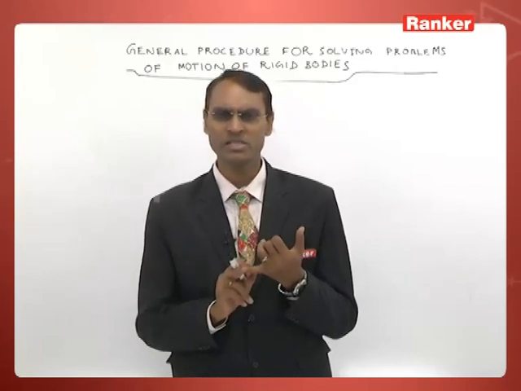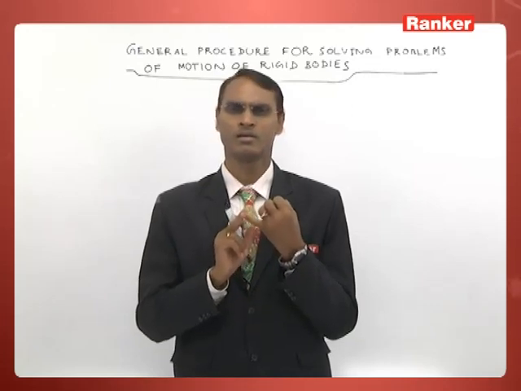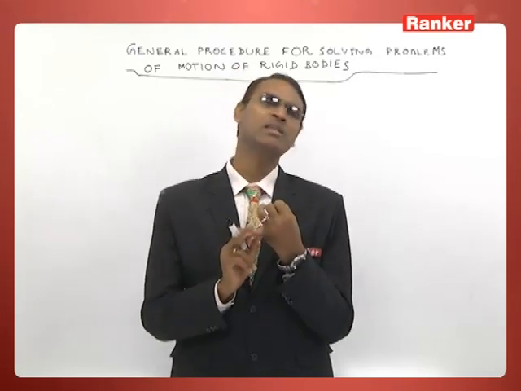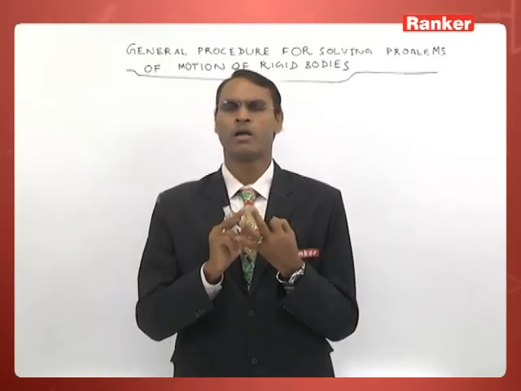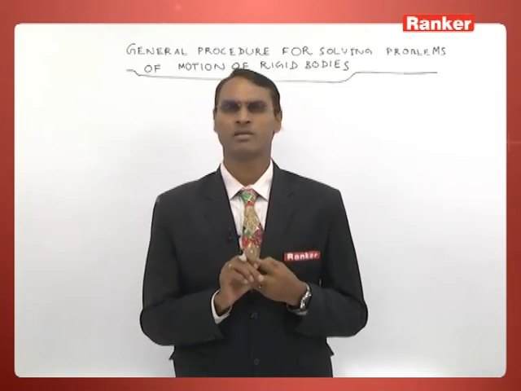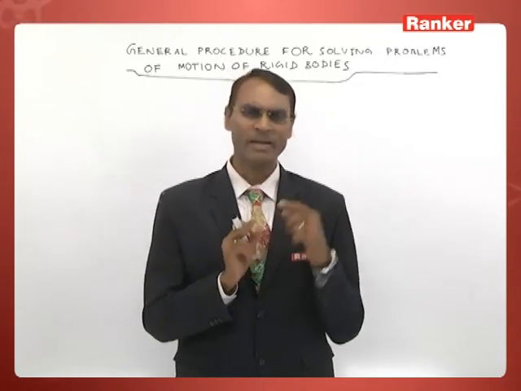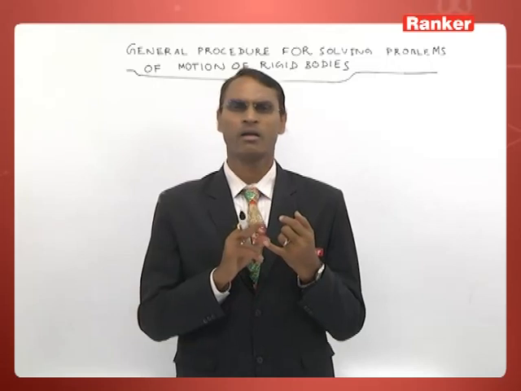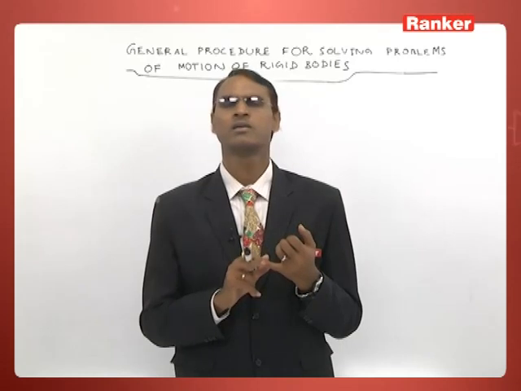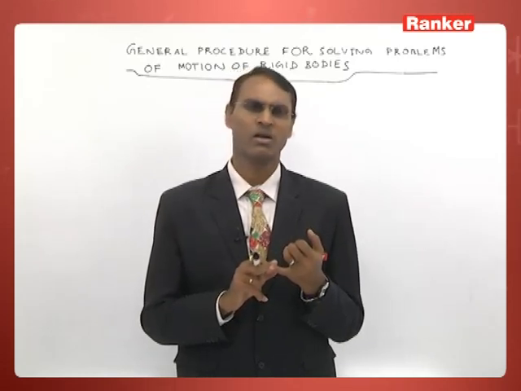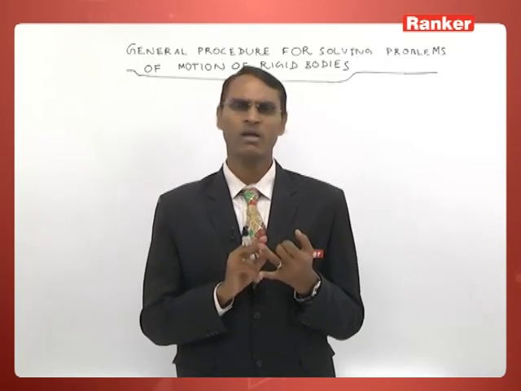How many dynamical equations are we getting? 3 dynamical equations: 1 torque equation and 2 force equations. How many kinematical equations? 2 kinematical equations, along x direction, along y direction, or along the rod or normal to the rod, or along the tangent, along the radius.